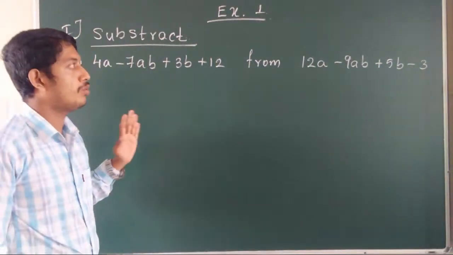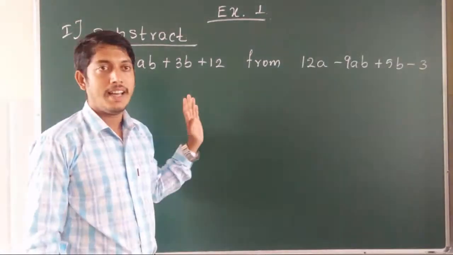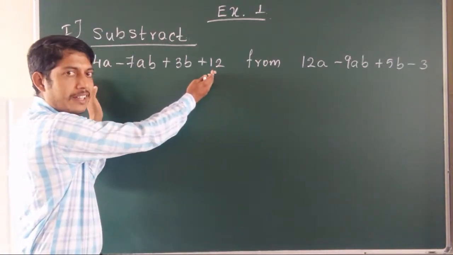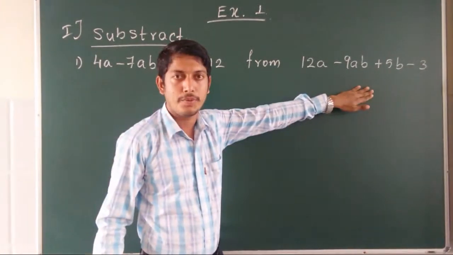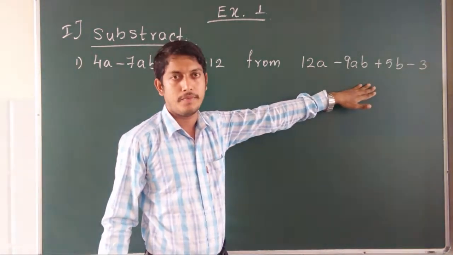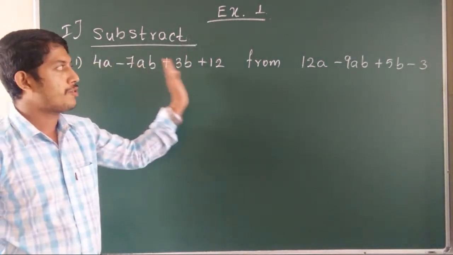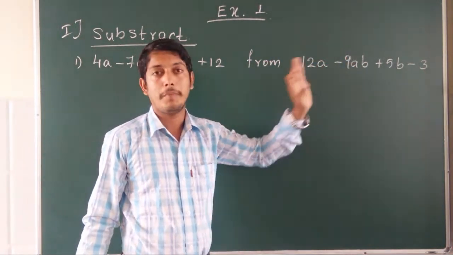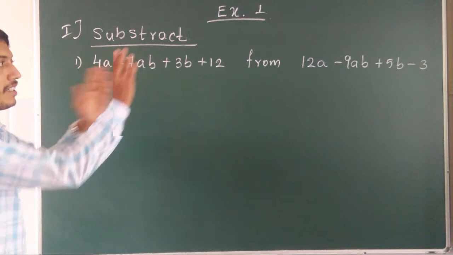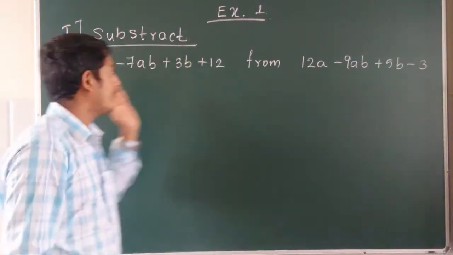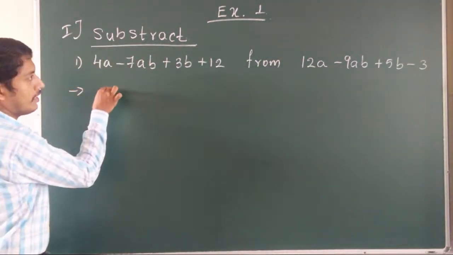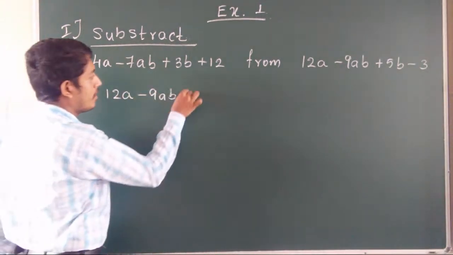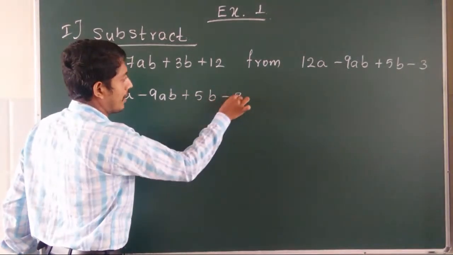Here we have to give concentration on the sign as well as this term "from". That means we have to subtract this algebraic expression from 12a minus 9ab plus 5b minus 10. So I will write that second algebraic expression in the first part: 12a minus 9ab plus 5b minus 10.